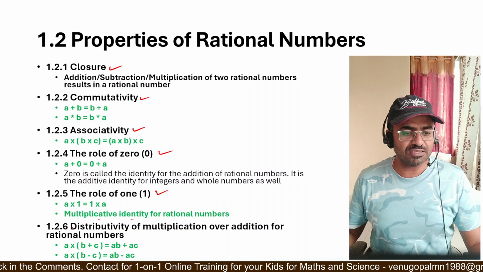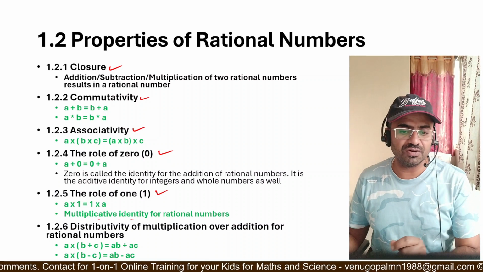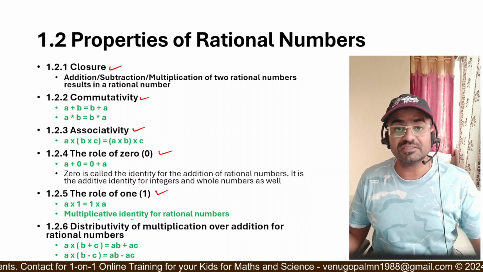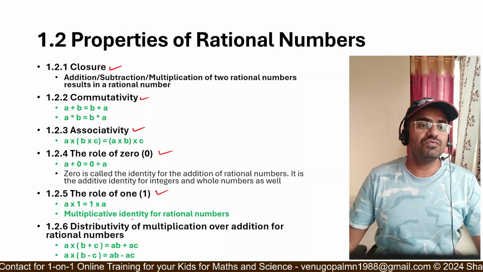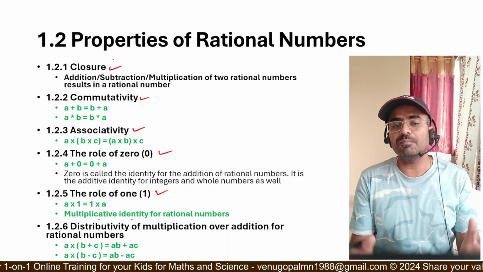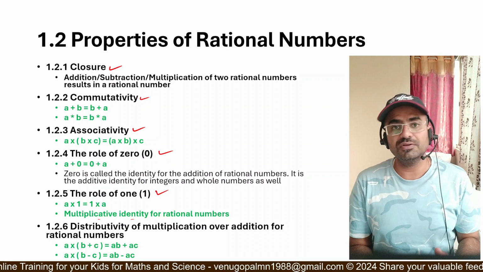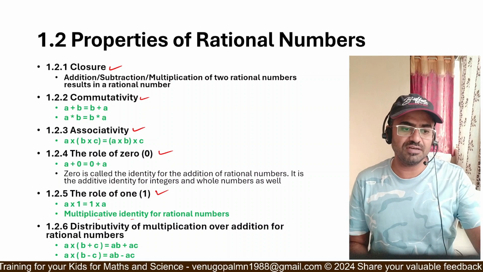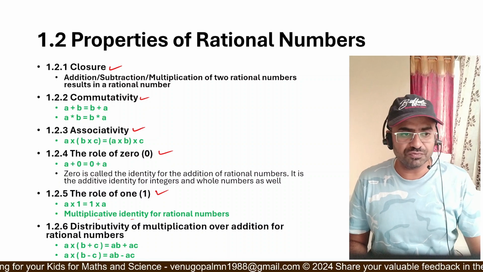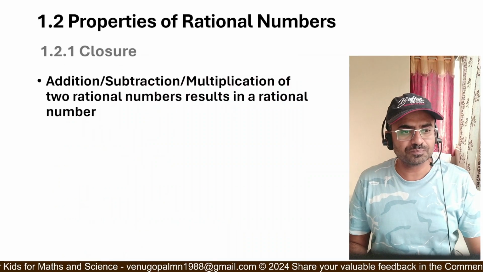And the last property is the distributivity of multiplication over addition for rational numbers. We will understand each of these properties in detail, but this slide will give you a summary of all the properties related to rational numbers. If you want, pause this video and have a look at it or take notes. Come on guys, let us discuss each of these properties in detail.